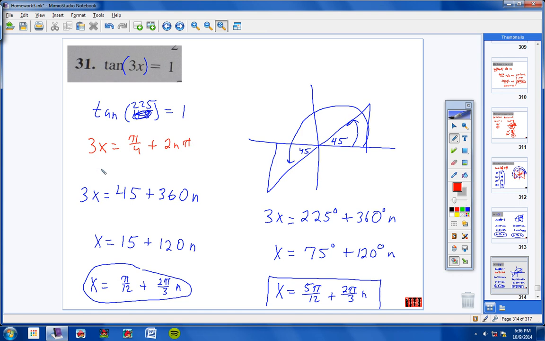That works just great. 3x divided by 3 is x, and pi over 4 divided by 3 is pi over 12. And 2 pi divided by 3 is 2 pi over 3 n. So if you want to work with radians from the very beginning and not use degrees, that's totally fine also. Either way, you will get the exact same answer, okay?